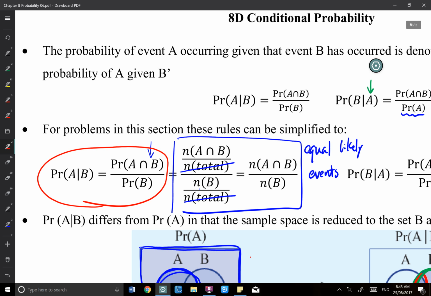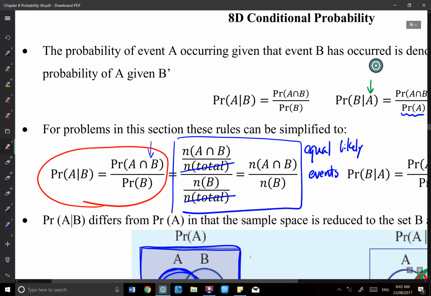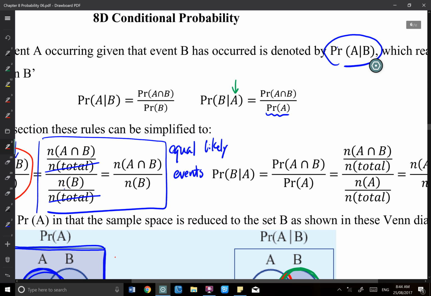Later in year 11 and year 12, you will learn continuous, so it's countless. You can't talk about the number of elements in that set, because there is a countless number of things in it. So we can't use this formula anymore in year 12. Remember the blue square here only works for equally likely events, but the red circle is always true.